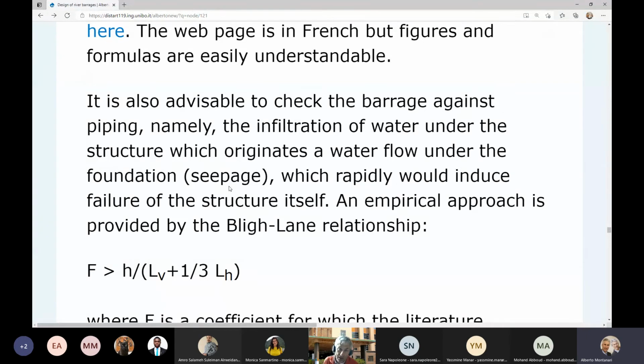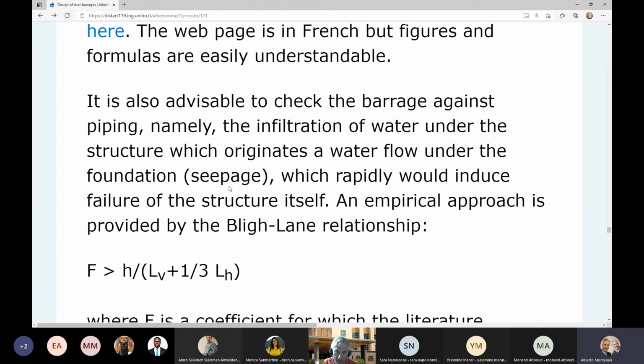Through energy, water starts bringing some sediments, some dust, some loose material, some soil that is in the underground. Water brings it downstream, therefore enlarging these small pipes. After a while, it becomes a big flow in the underground, and finally the barrage is ruined.